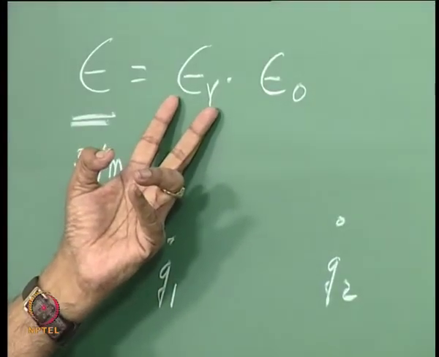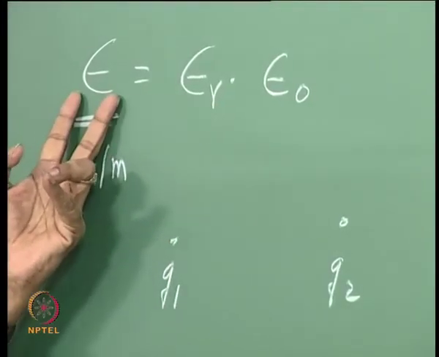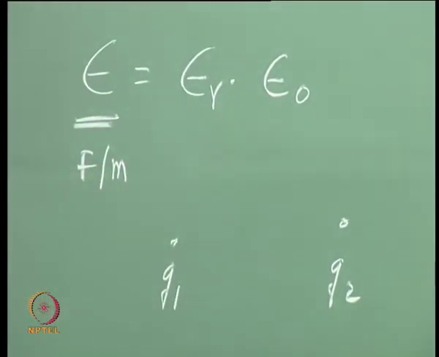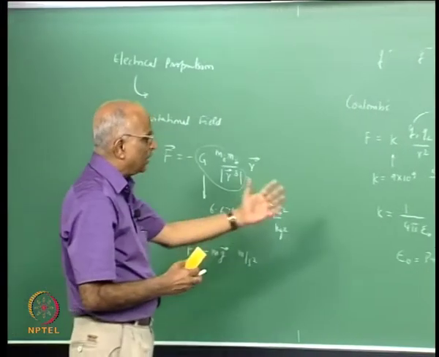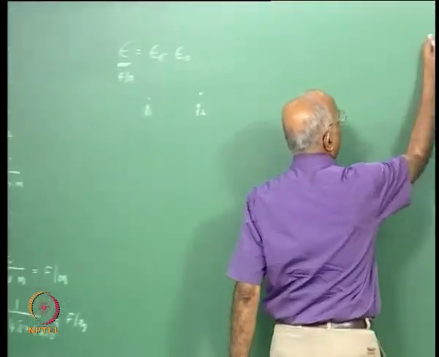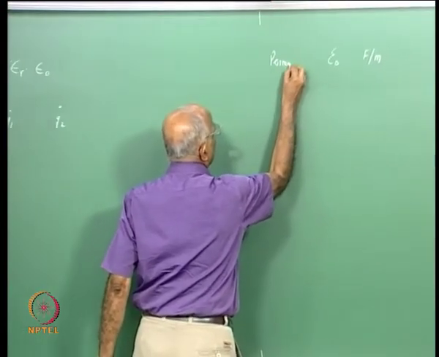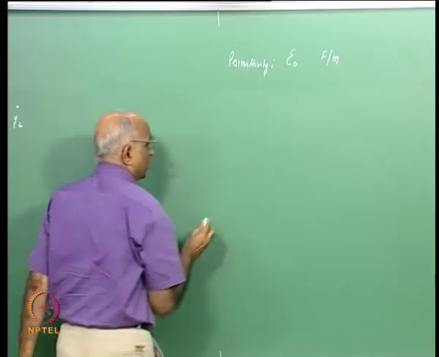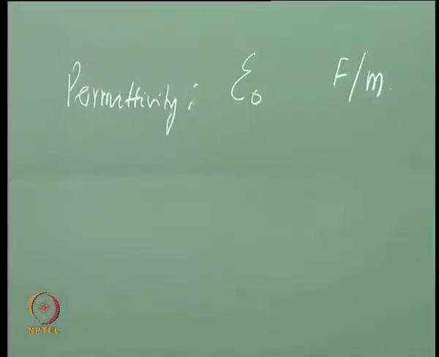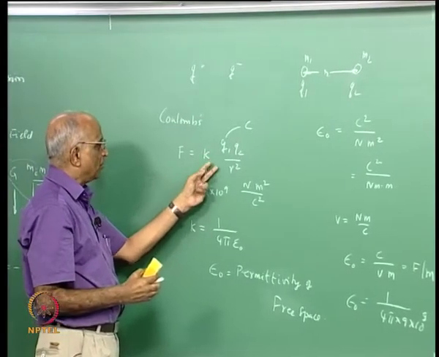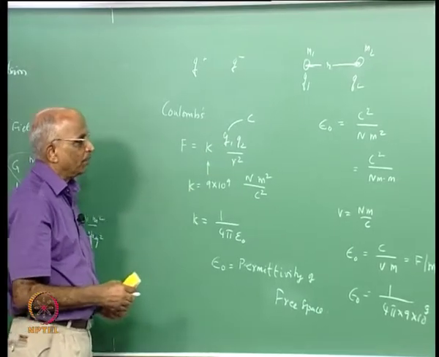This is just a number which says how much more is the permittivity of the particular medium compared to the permittivity of free space. But I was interested in something else, not really in permittivity, but permittivity is a basic thing whenever we talk of, and this is for free space, whenever we talk of maybe attraction due to charges, we must keep in mind, yes, I have 1 over 4 pi epsilon 0 q1 q2 by r square.